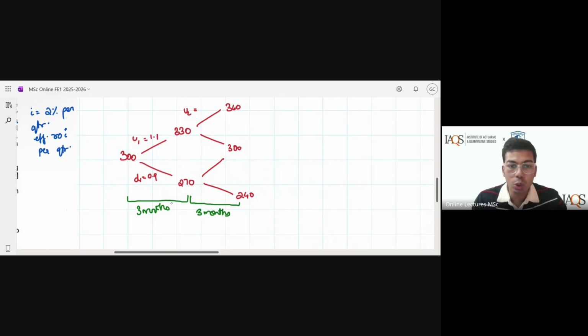So there are 2 periods of 3 months in this entire binomial tree, which adds up to a total of a 6-month period. Comfortable till here?